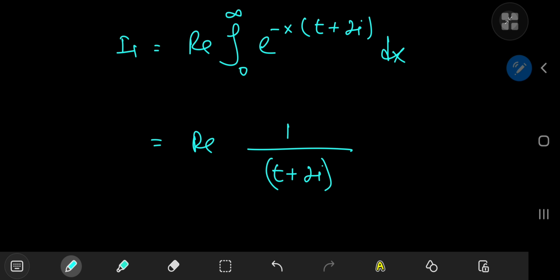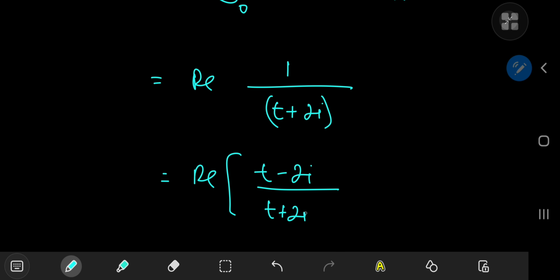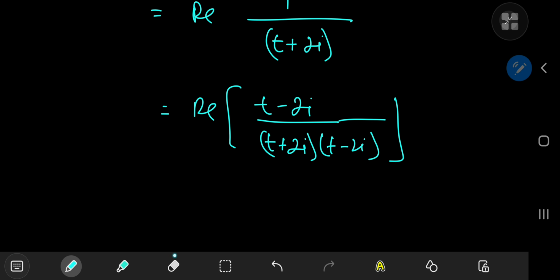We're interested in the real part of 1 by (t plus 2i). And we can extract the real part by just expanding using the complex conjugate. So multiplying out by (t minus 2i) upstairs and downstairs. This gives me (t minus 2i) divided by (t squared minus 4i squared), and i squared is, of course, negative 1.